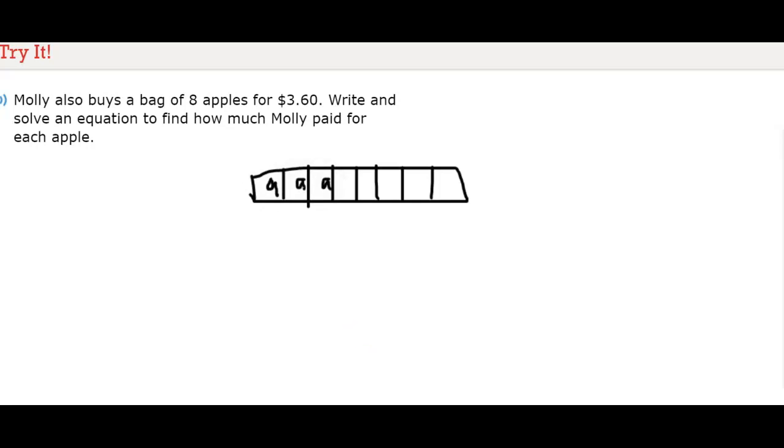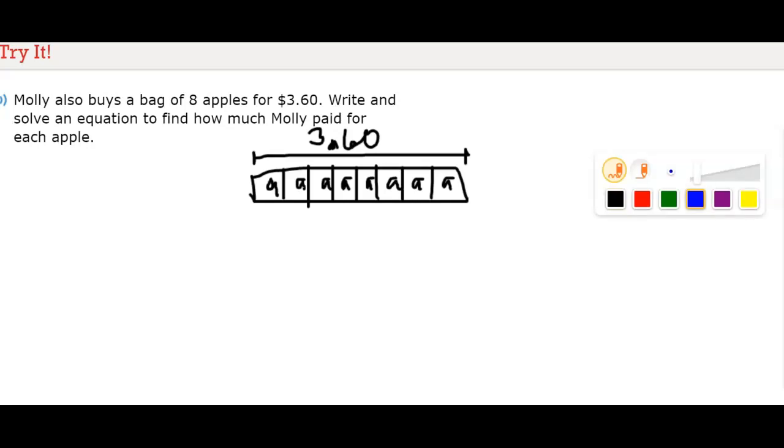So I'm going to put an A in each one of these pieces, and then from here to here is the total amount that she paid, which was $3.60. Okay, so now for the equation.